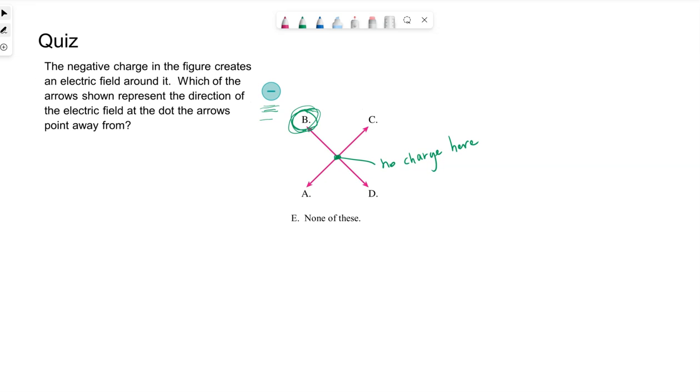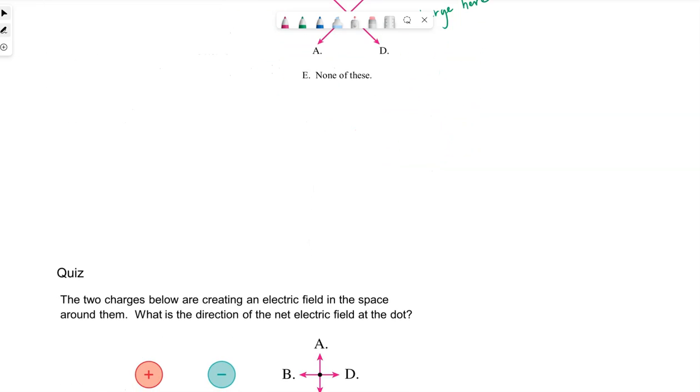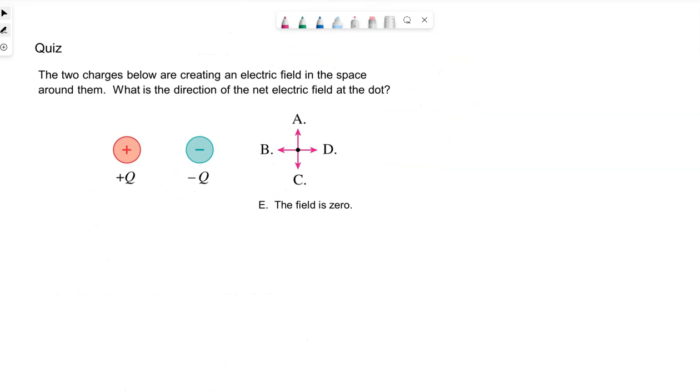We still have a few more questions, so here is the next one. The correct answer here is B. So the positive charge would be creating an electric field that points away from it. The negative charge would be creating an electric field that points towards it, and that field will be stronger.